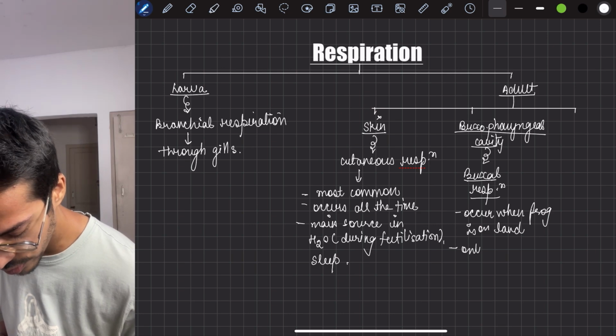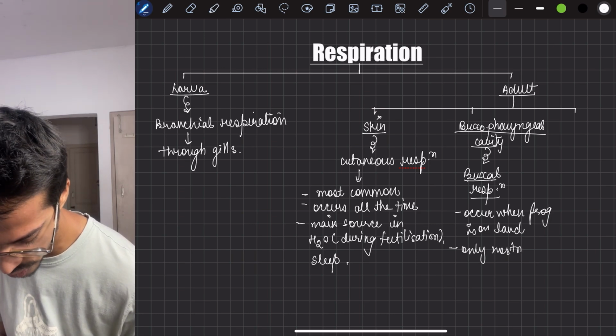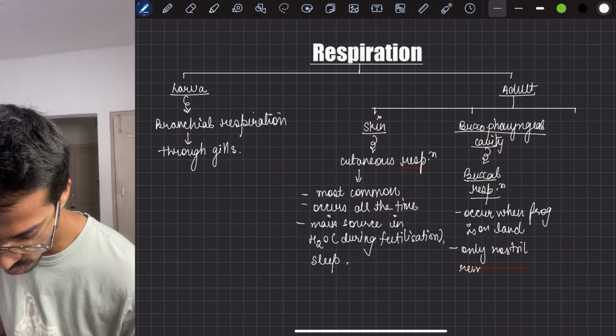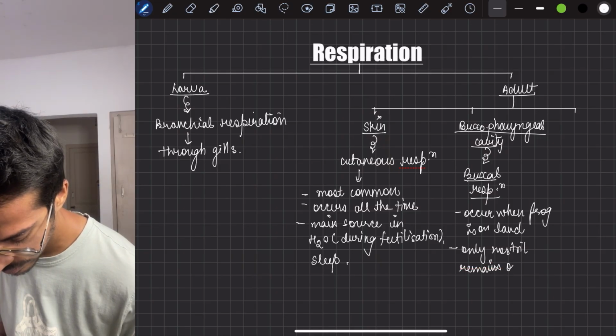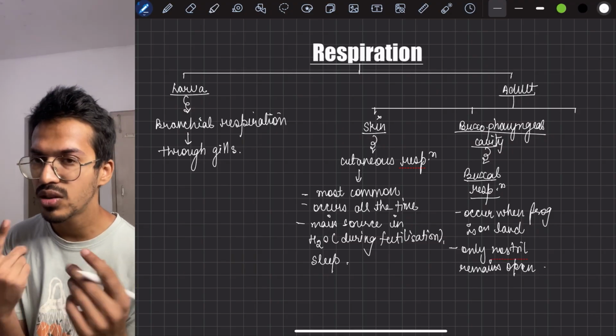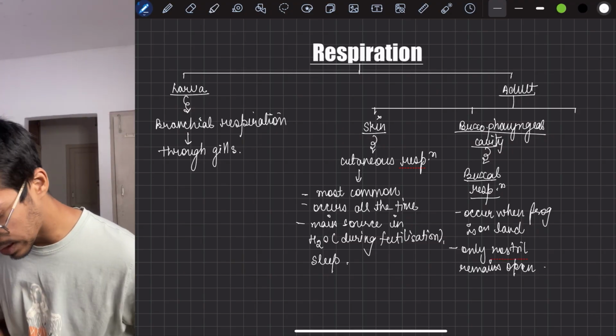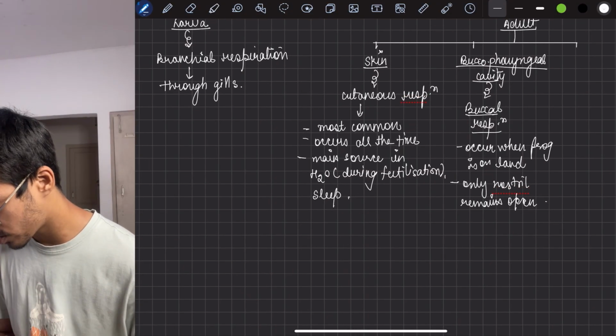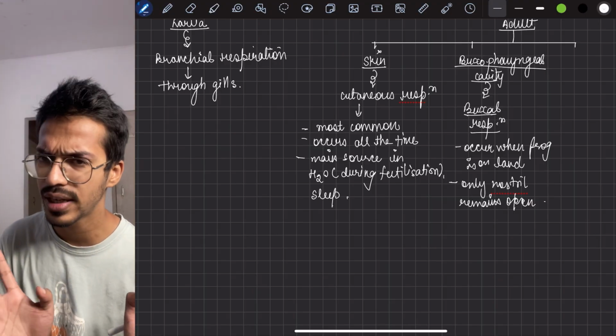Only the nostril remains open. Mouth, buccal cavity, gullet, everything is closed. How it happens is not in our syllabus.